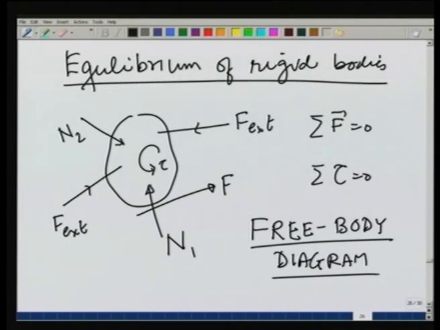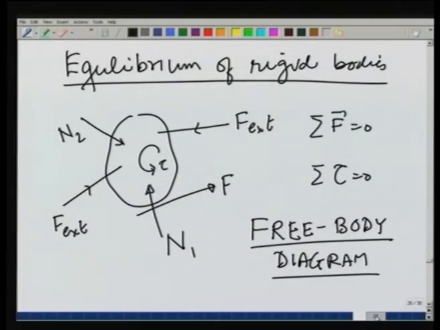We have been using free body diagram so far, but I did not use this term. Now, I am introducing it. So, free body diagram is the one where I take the body, isolate it and replace all the engineering elements that are holding it by their respective forces or torques provided.